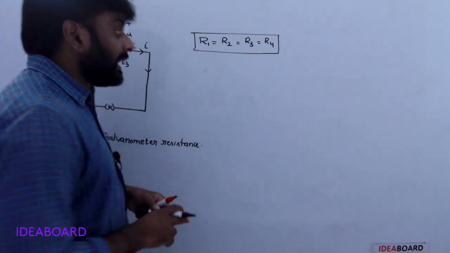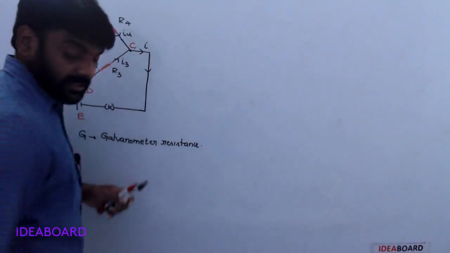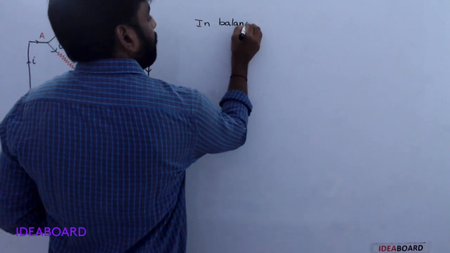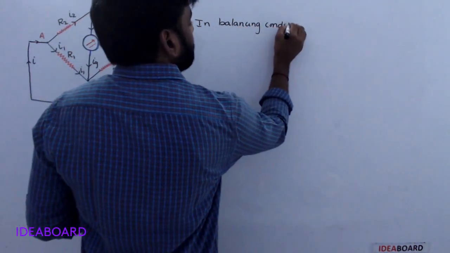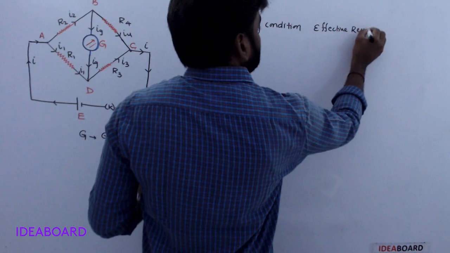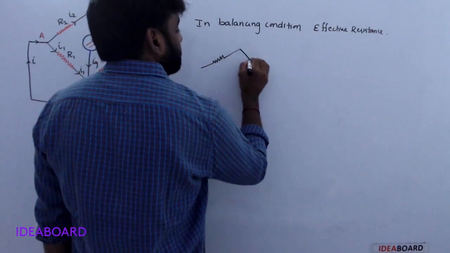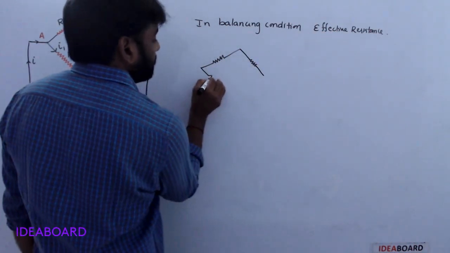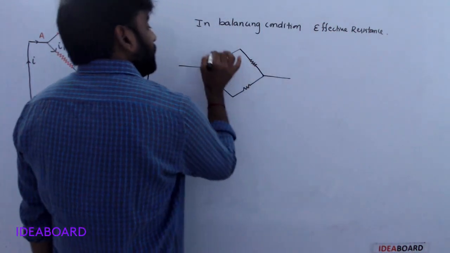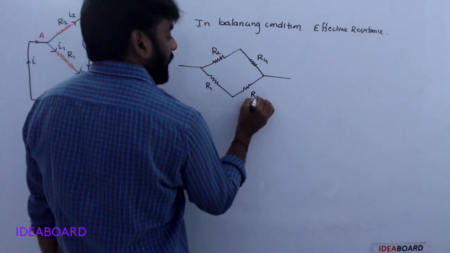Now, in balancing condition, effective resistance. Take this circuit: R2, R4, R1, R3.